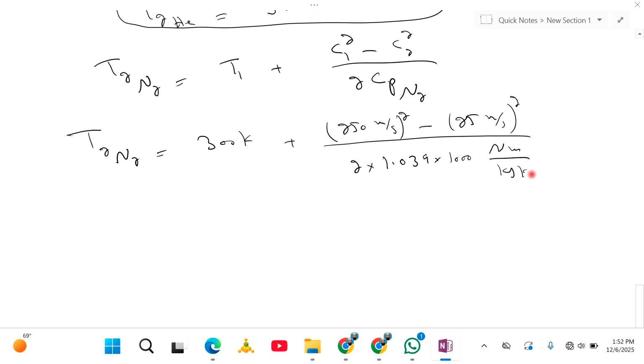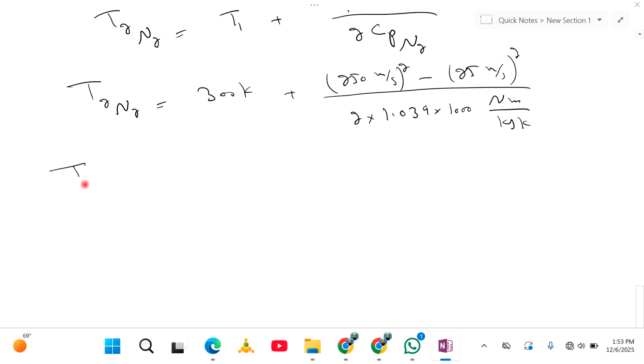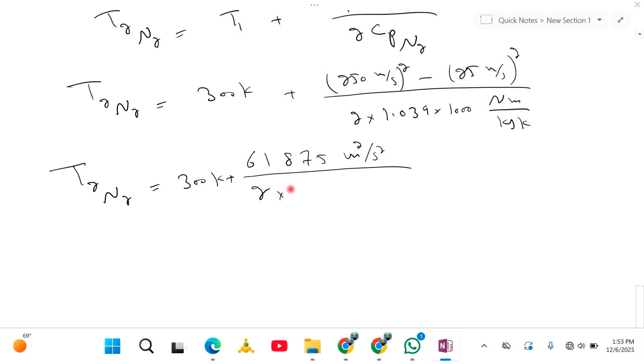So T2 for nitrogen is equal to 300 Kelvin plus 61875 meter square per second square divided by 2 times 1.039 multiplied by 1000, which is 2078.